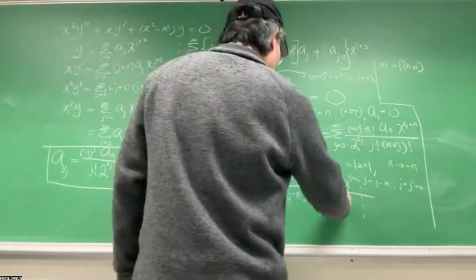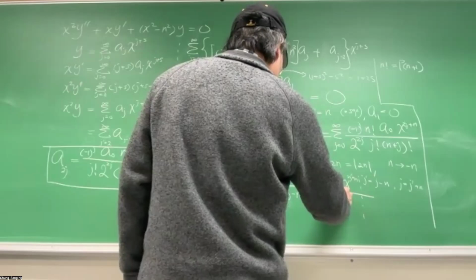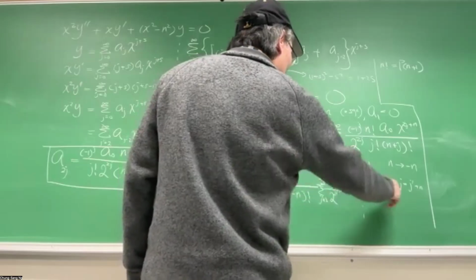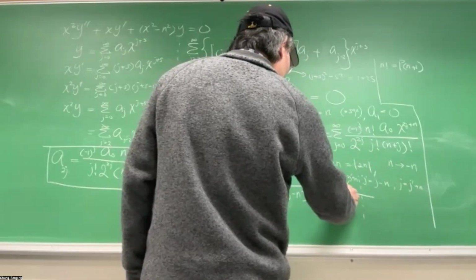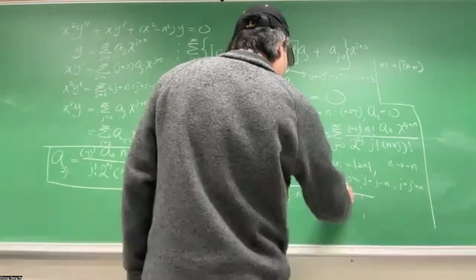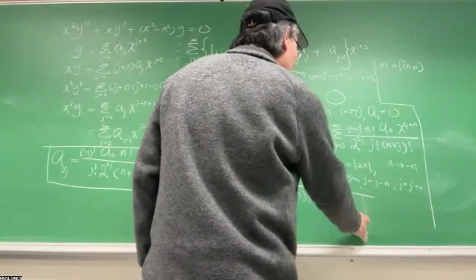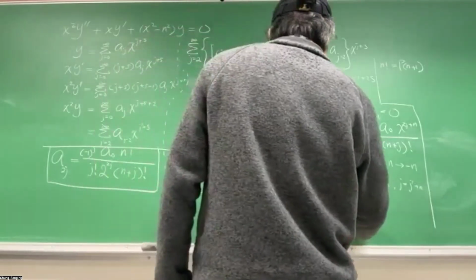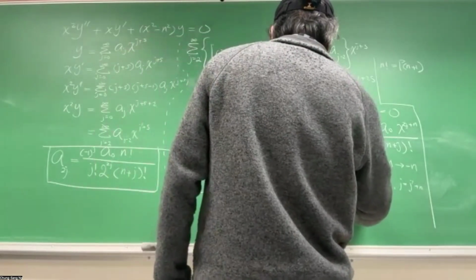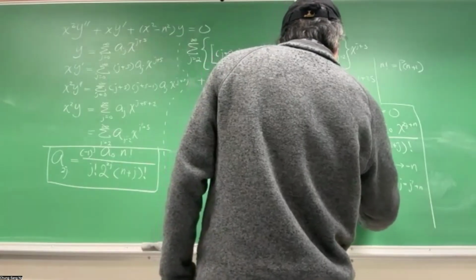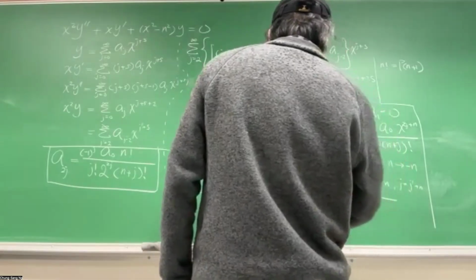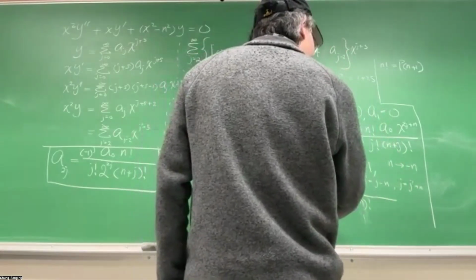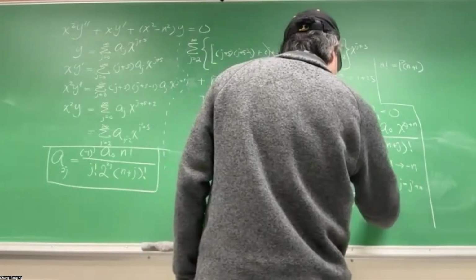And 2 to the 2j prime plus n. And then we have this j prime plus n factorial, and this becomes j prime factorial.